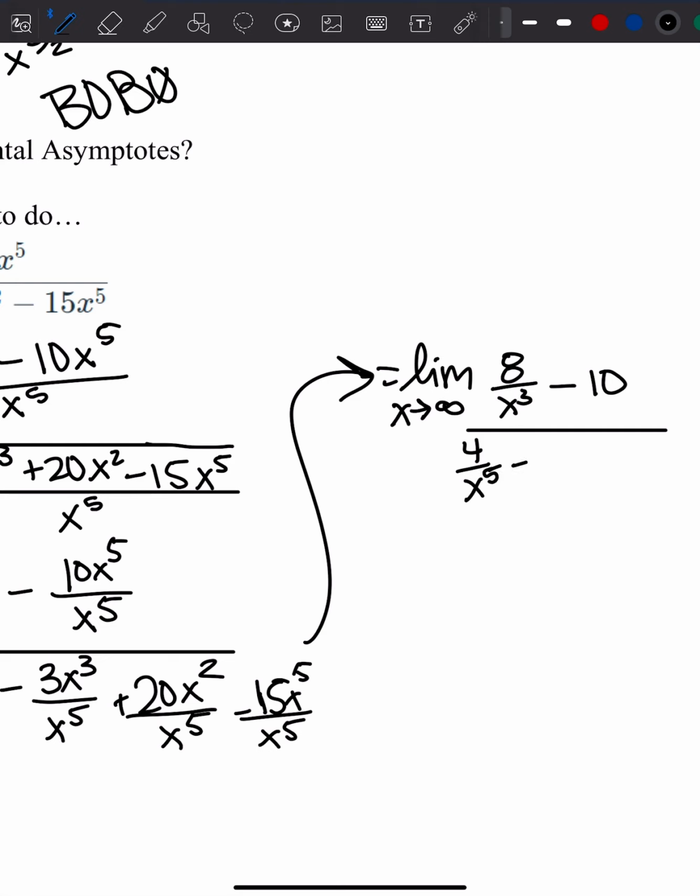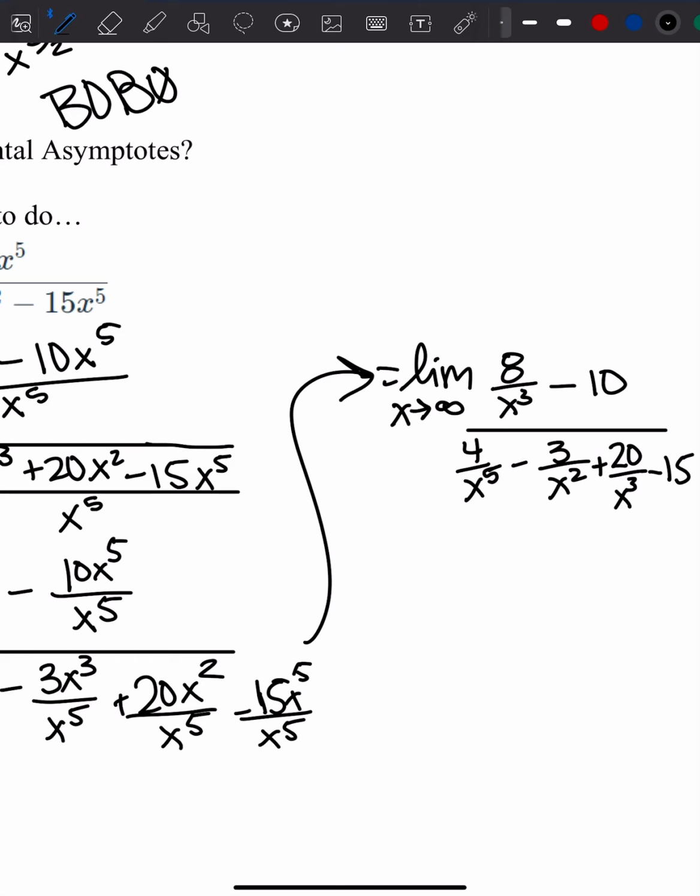We have x cubed divided by x to the 5th, so we get 3 over x squared. X squared divided by x to the 5th means x cubed, and then x to the 5th divided by x to the 5th gives us 1, leaving us with that coefficient of 15.